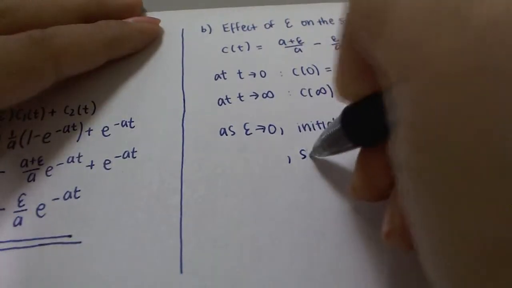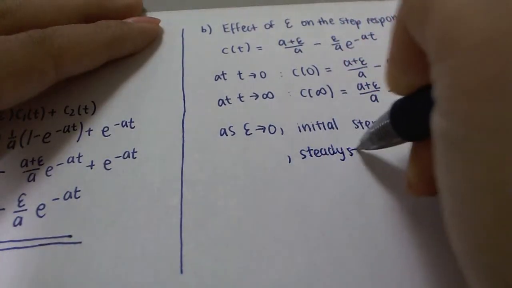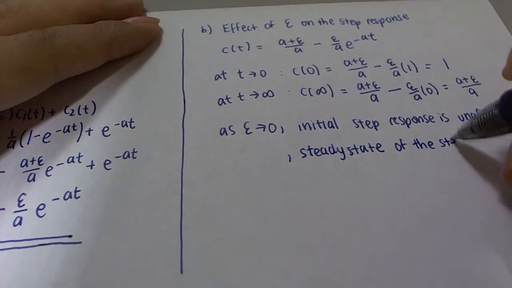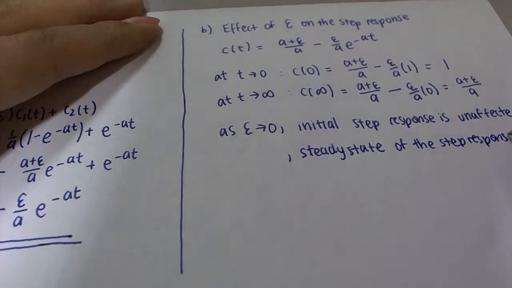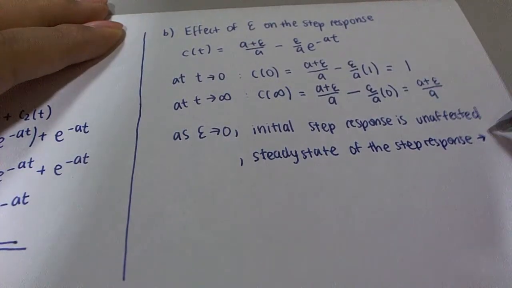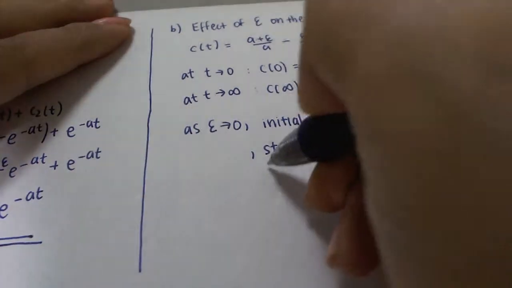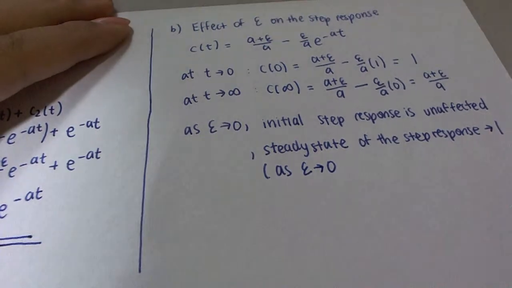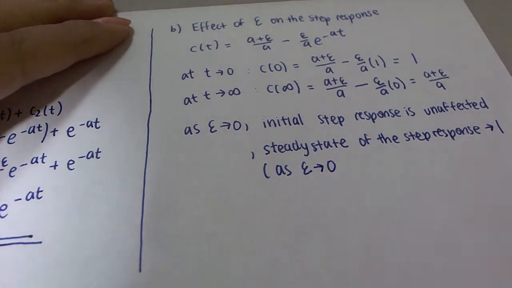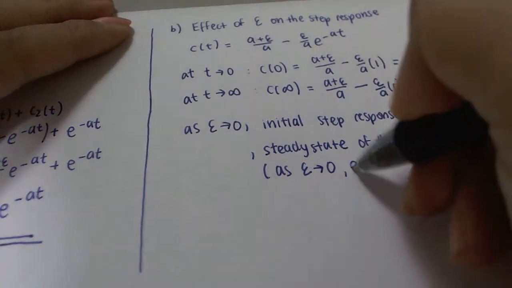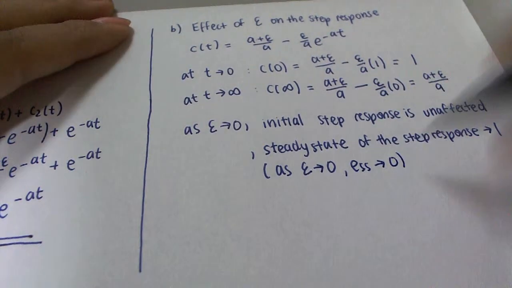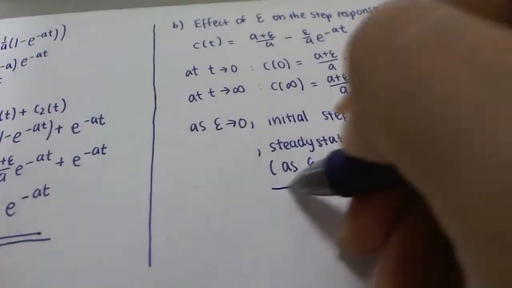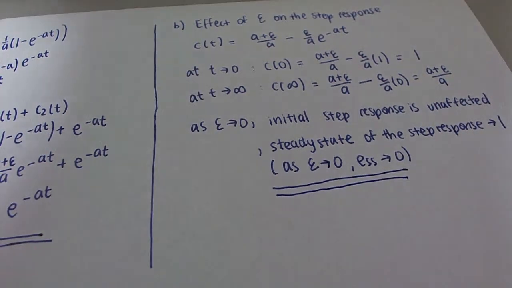But the steady state of the step response will tend to 1. So in other words, as the pole zero separation is very small, or as the pole is very close to 0 for this particular case of problem, the steady state error will tend to 0 as well. So basically, this is all about problem 2 of tutorial 6.